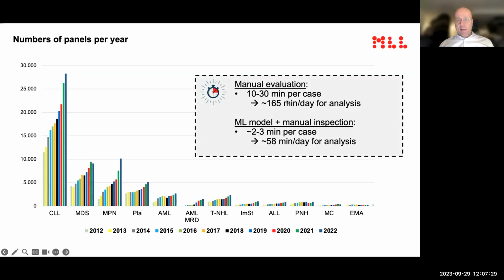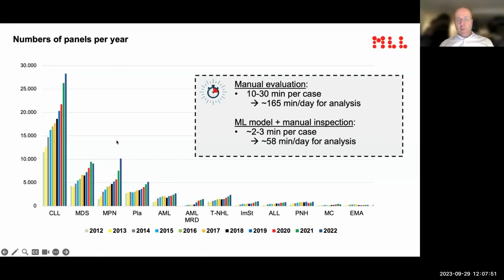So we calculate that manual evaluation per case on the technician and scientist side costs a total of 10 to 30 minutes, so about 165 minutes per day per person for analysis, in a given year where we calculated that.